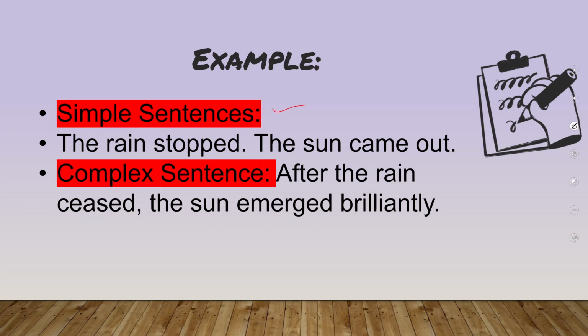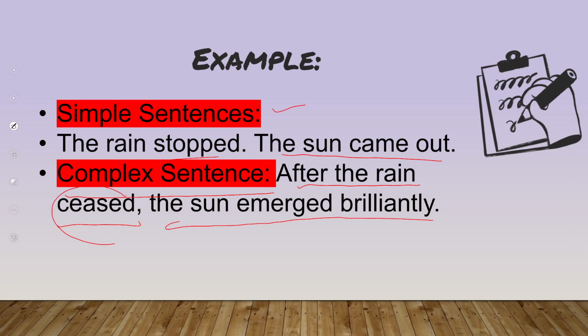Now, the rain stopped, the sun came out. These are sentences containing three or four words, but we want to make them a little more complex and a little longer so that we can sound confident in our English. So: After the rain ceased, the sun emerged brilliantly.